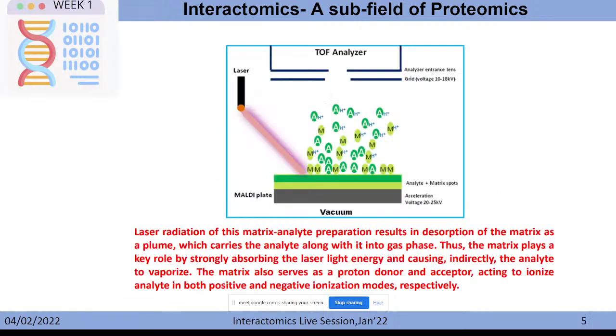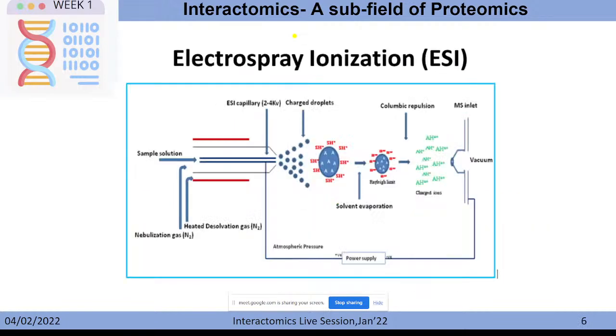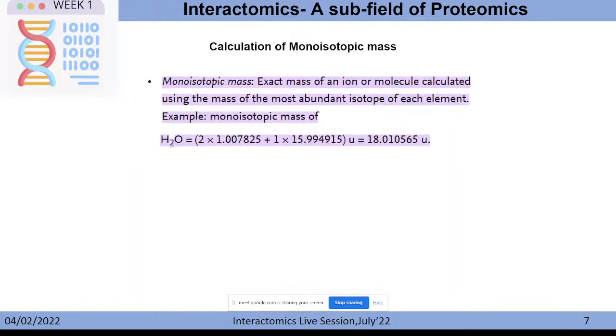The ionization techniques can be MALDI or electrospray ionization, or there are other ways also, but these are the most commonly used. This concept only came after the MALDI technique, when you could control your voltage to handle biological specimens. Otherwise, it was not possible until that time.